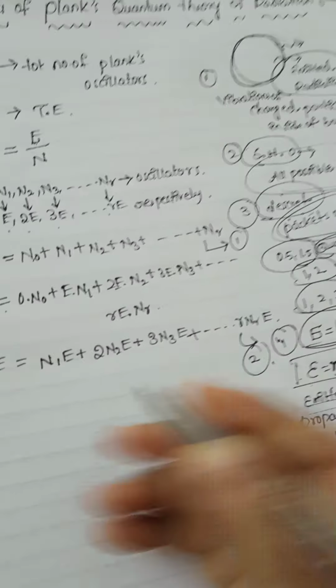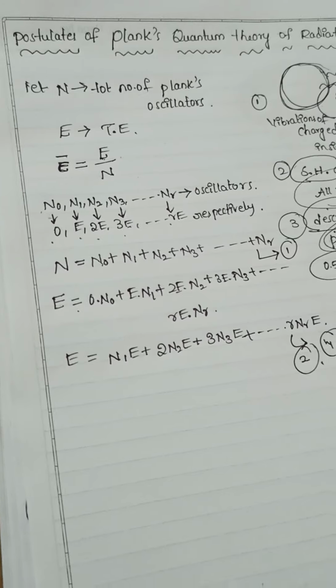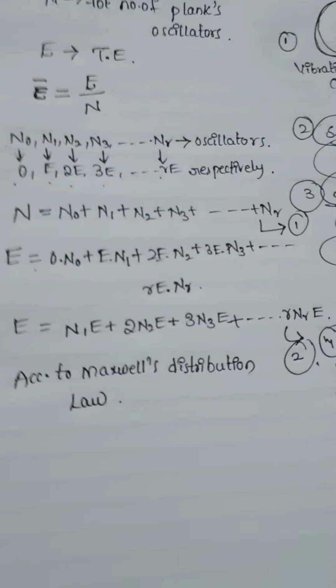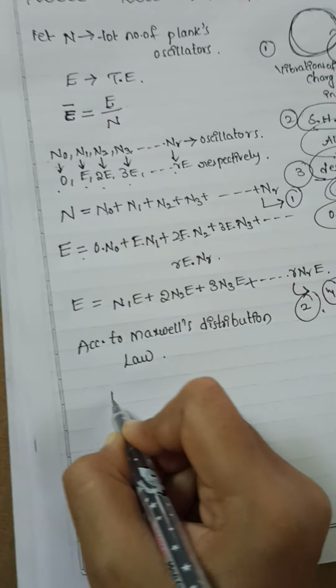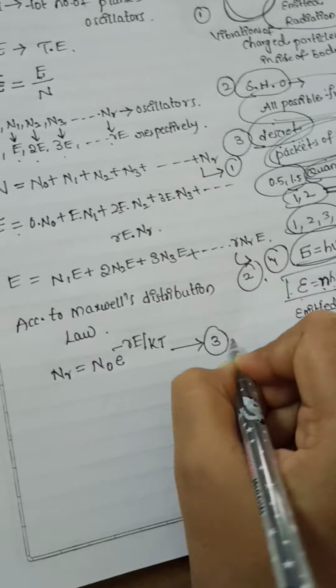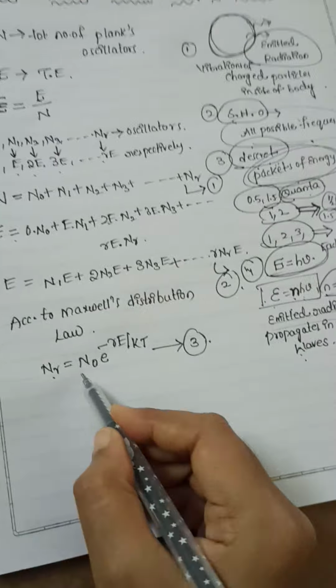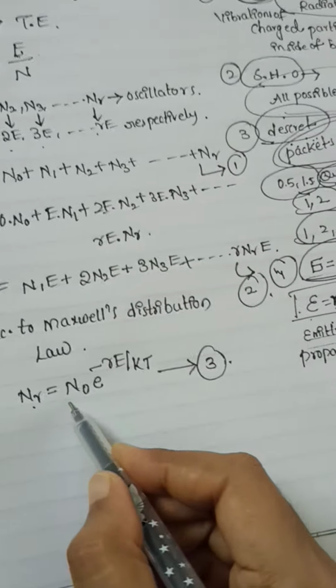Now, as I told you, according to Maxwell's distribution law, Nr equals N0 into e to the power of minus rE by kT. Let us consider this as equation number 3. What is the value of N1?